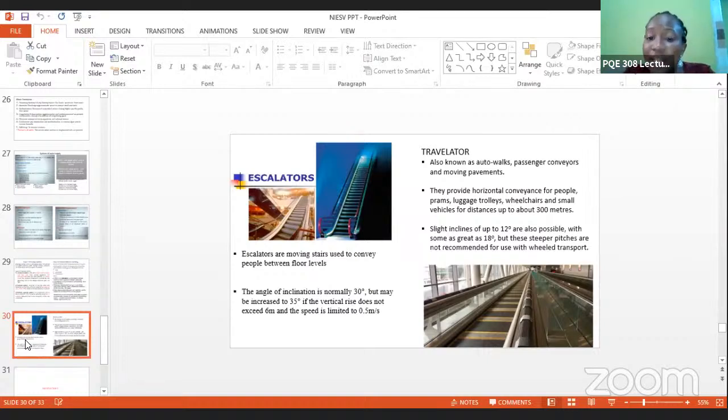And travelator. I was actually telling someone that I don't think travelators are here in Nigeria. I don't know, probably some parts of our country have travelators, but I've not seen one here in Nigeria. So aside from lifts, we have escalators, and we also have travelators.